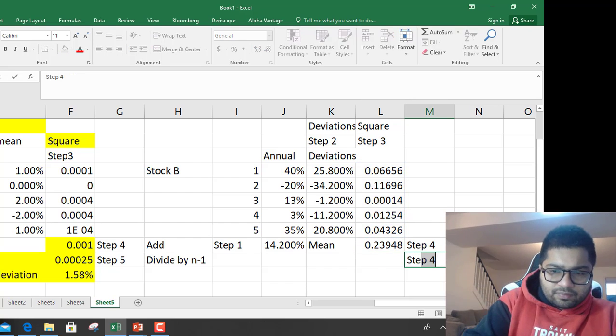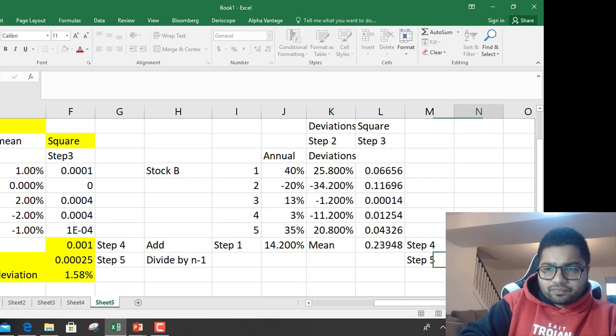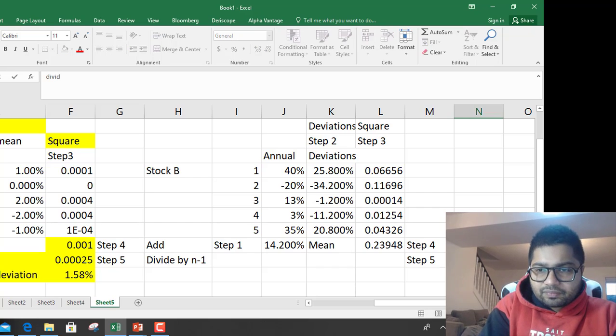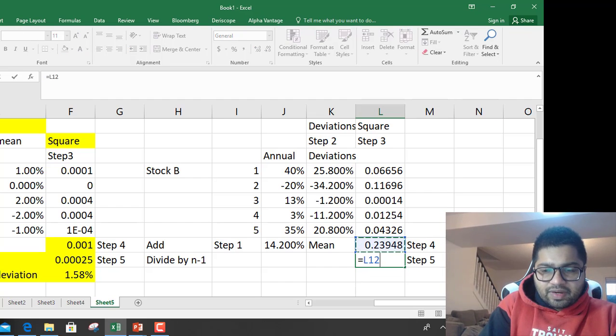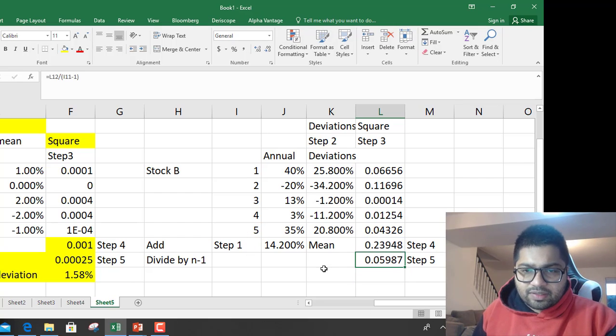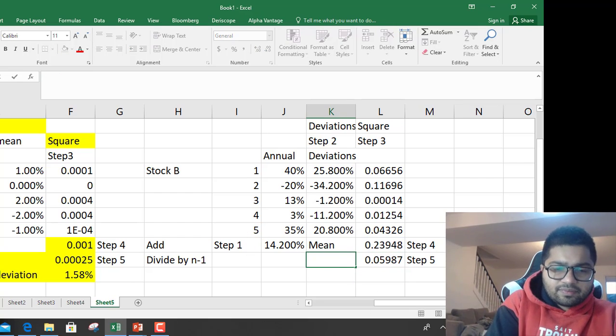Step 5, divide by n minus 1, so 5 minus 1. This is your variance.